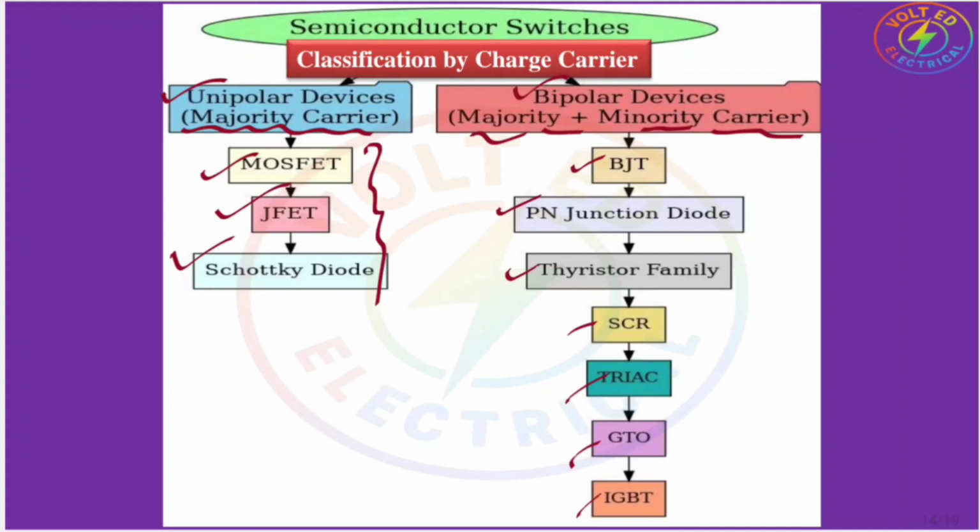Whatever conduction is happening in these majority carrier devices is because of one charge carrier. And in the case of bipolar devices, the conduction is not because of one charge carrier.